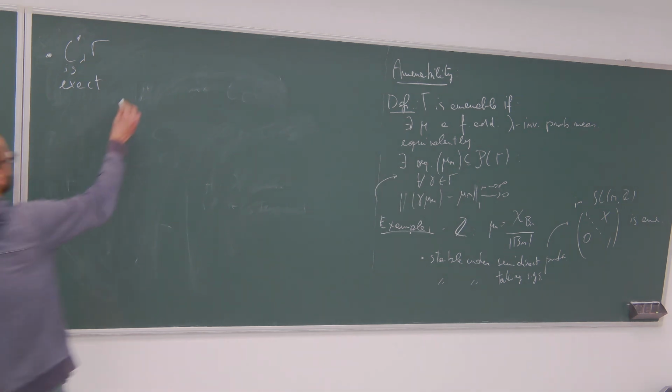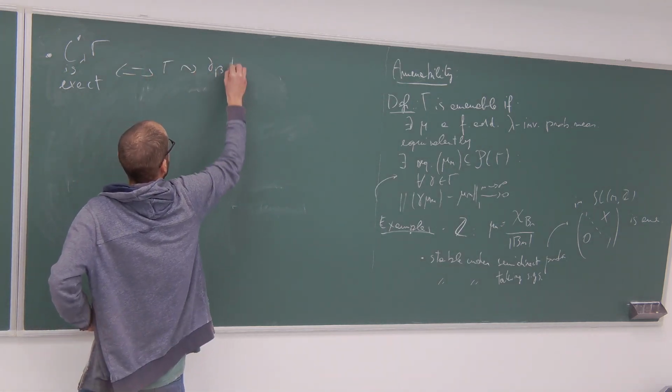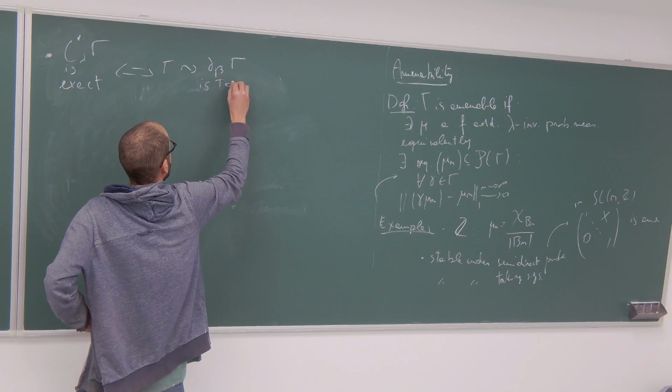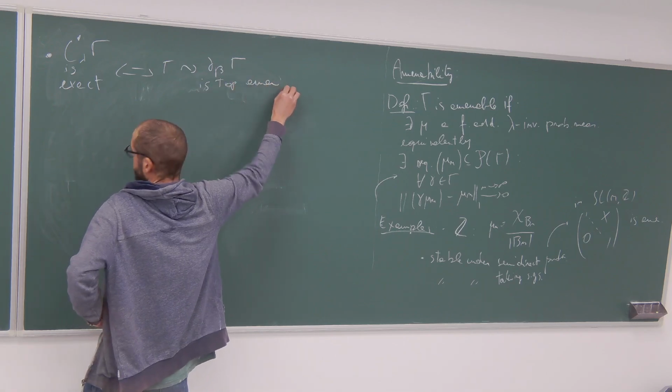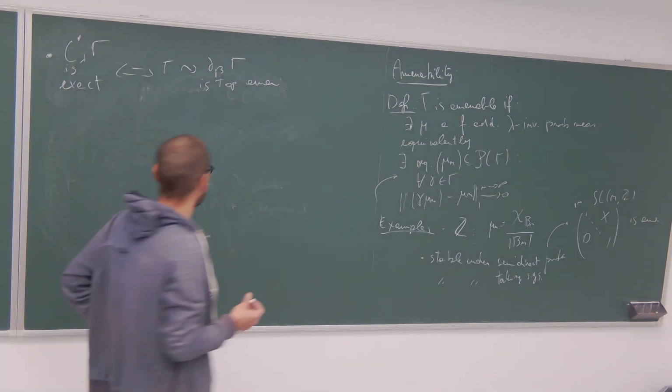is equivalent to the fact that the action of gamma on its Stone-Čech boundary is topologically amenable. I didn't define topological amenability, but it's okay. It's the following.